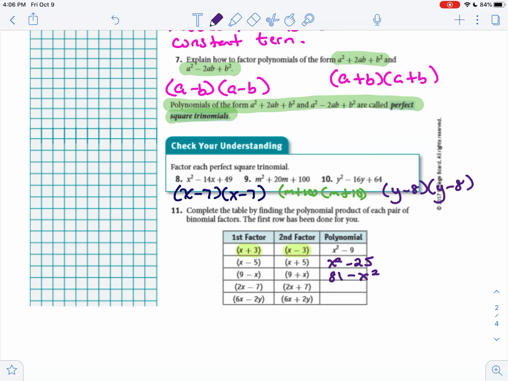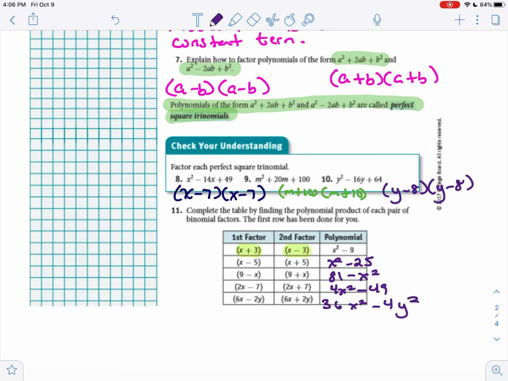For the third one, we get 81 minus x squared. And the next two have coefficients, but we still only have to multiply the first and the last because the outers and inners will cancel. So we get 4x squared minus 49, and we get 36x squared minus 4y squared.